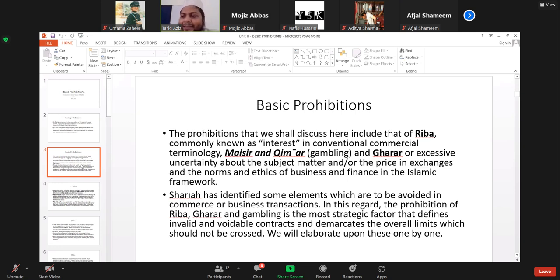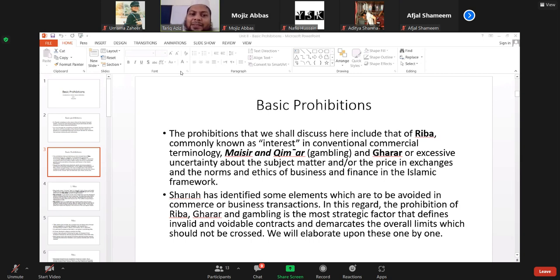Although we can say that this transaction is gharar free, free from qimar and maysir, and free from riba also, simply because a transaction is Sharia compliant, it does not mean it is also according to the norms, ethics, and morality of the Islamic Sharia, or the Islamic framework.